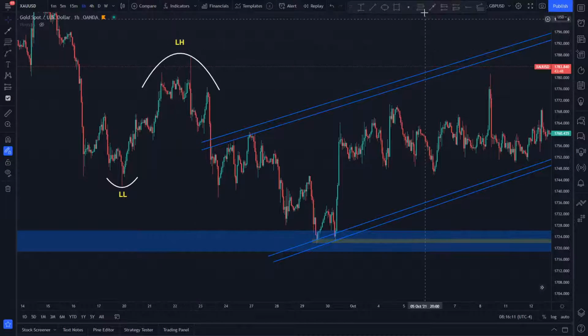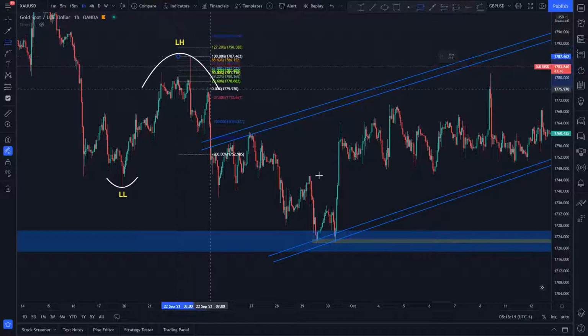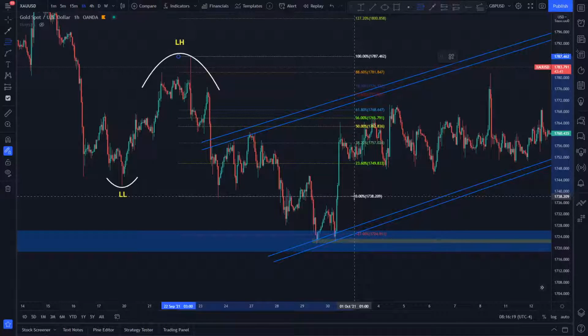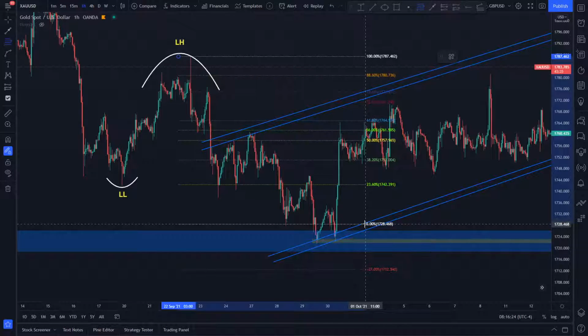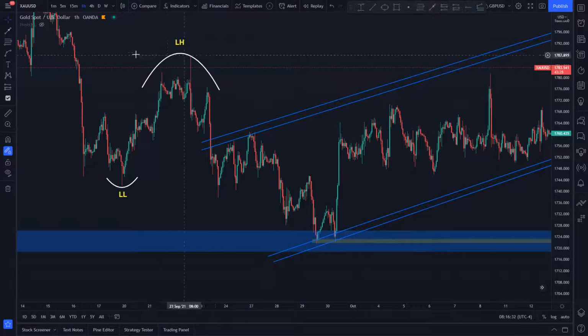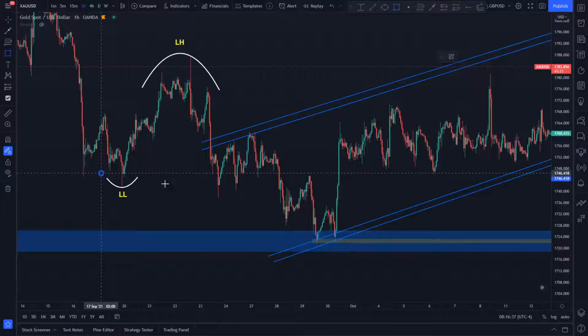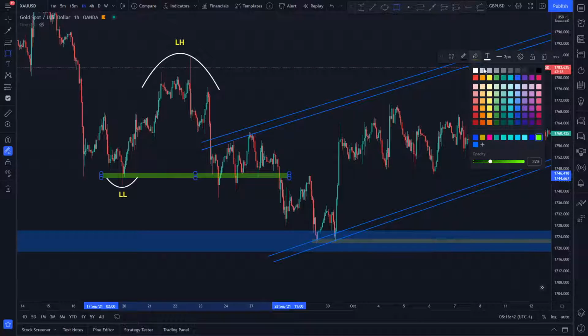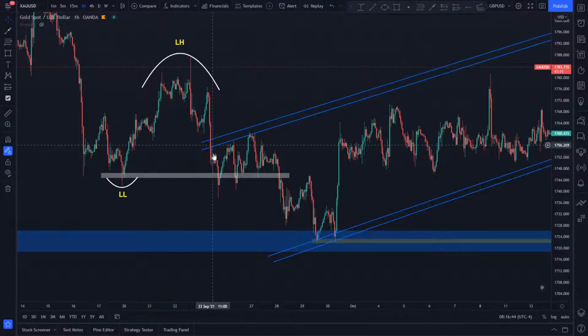So we have the lower high here, and we're going to continue to draw this out on the fibs, right? Which we can do. Beautiful. Okay. And like I said from yesterday, we draw the zone here. You're not always going to get the 50% retracement, because there are 3 types of retracement, right?